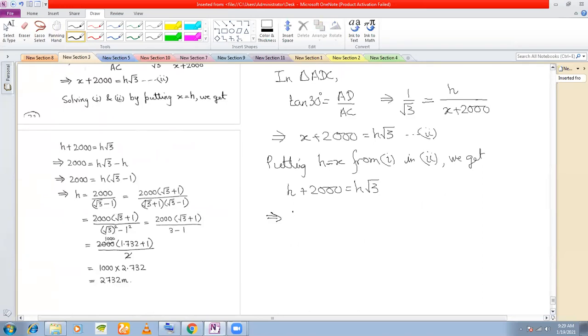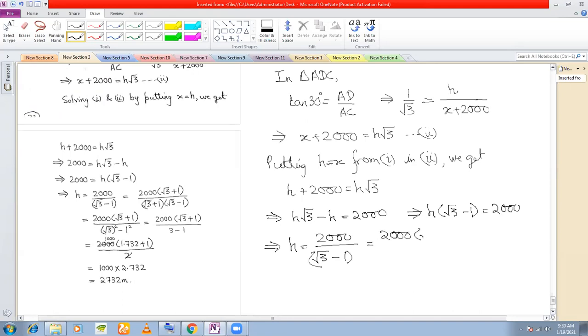So this is h root 3 minus h is equal to 2000. Now you take h common. h into root 3 minus 1 is equal to 2000. That means h is 2000 by root 3 minus 1.